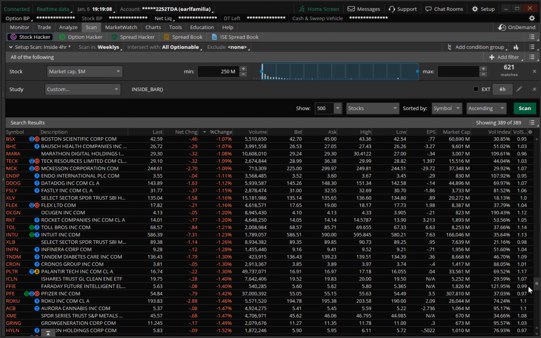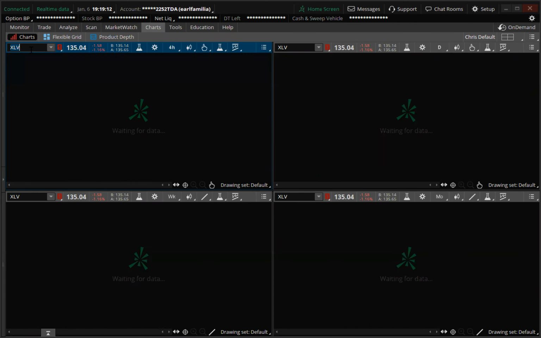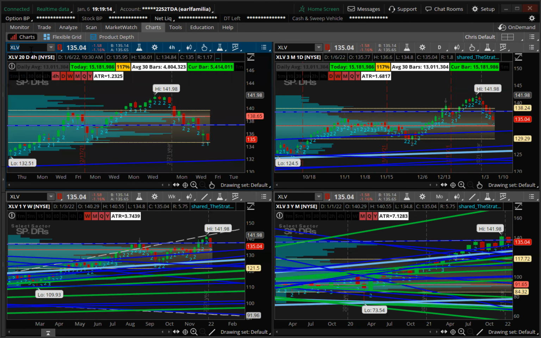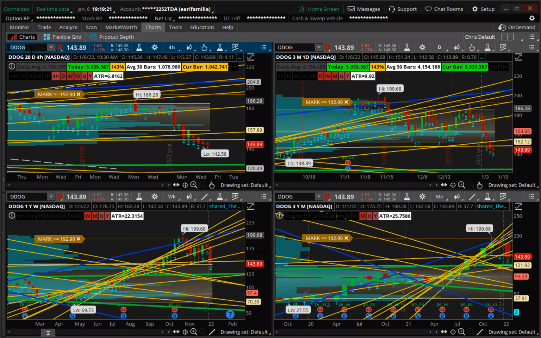XLV, D-Dog. Okay, you see what XLV is looking like? Short. That's what the individual stocks told us. 212 to the downside on D-Dog.